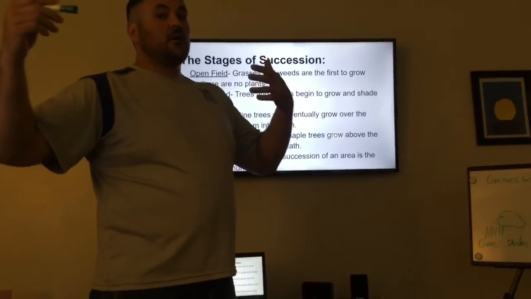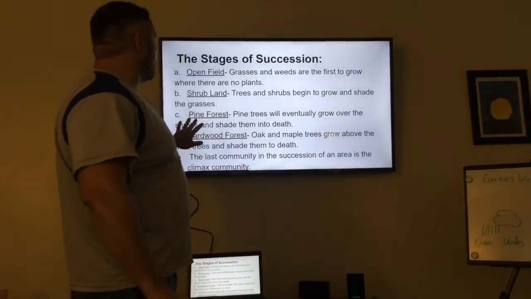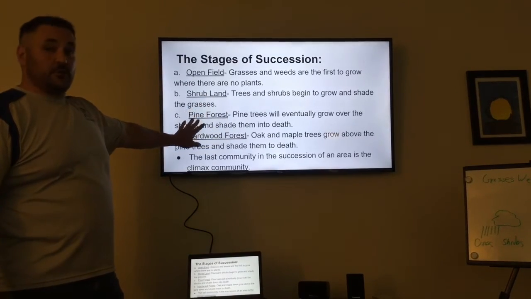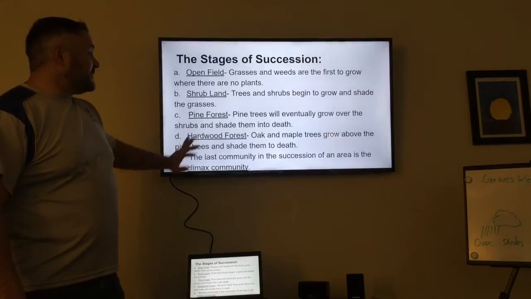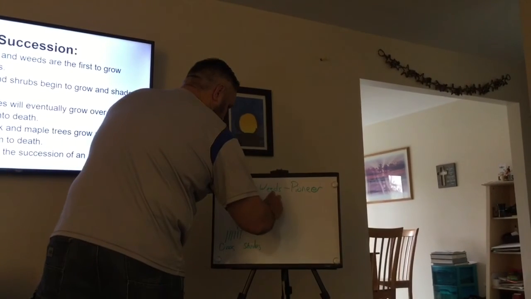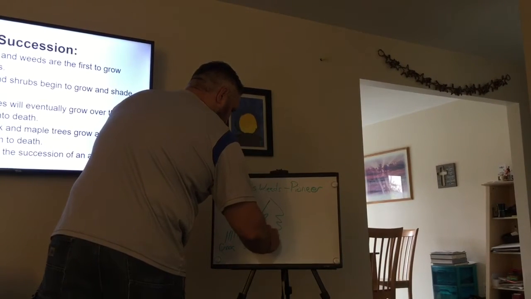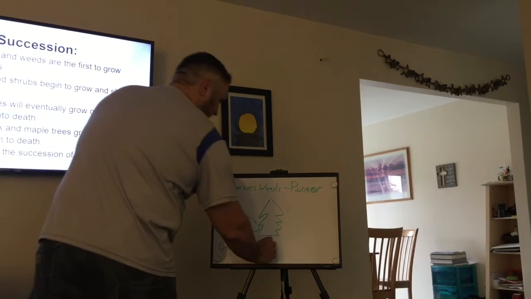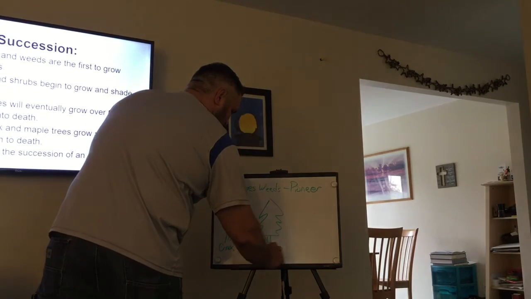What's bigger than a shrub is where we start to hit our trees. The first one, if you were in Mr. Macro's shop class, they would call this softwood. Your book calls it pine forest. Those are softwood trees. So basically, here's your shrubs. Now suddenly you've got these big evergreen trees that block out the light, and you end up with these softwoods.